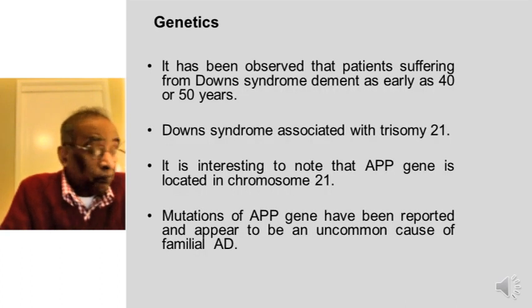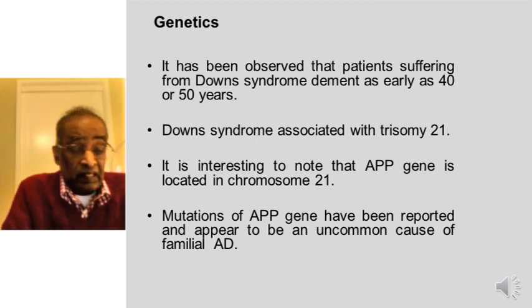Genetics. It has been observed that patients suffering from Down syndrome get dementia as early as 40 or 50 years, and their brains show extensive deposits of amyloid plaques and neurofibrillary tangles.